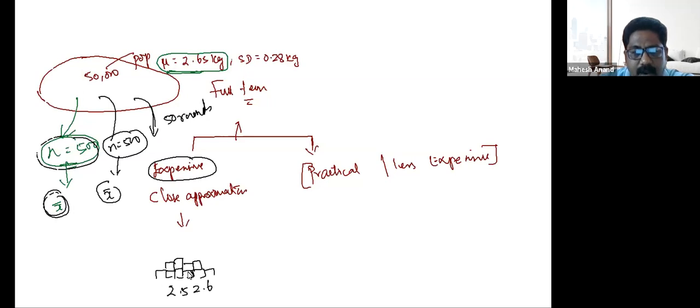If I plot those data versus frequency or count, I'm going to get a near normal distribution. This is going to be a very close normal distribution.